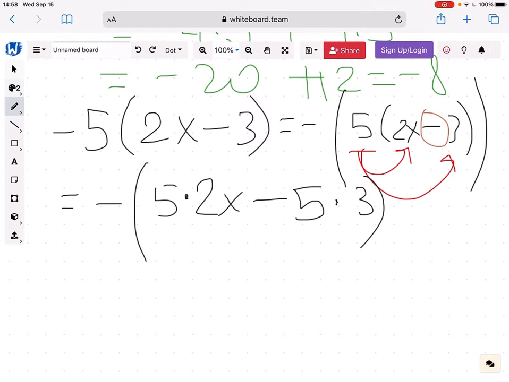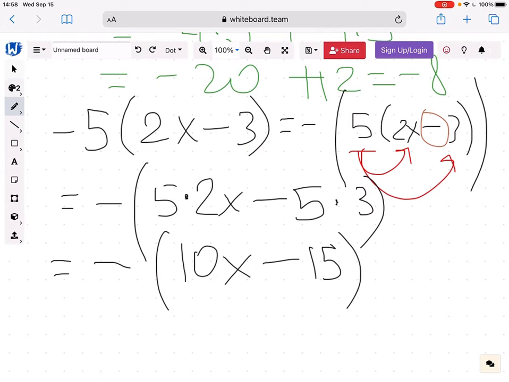All right, let's simplify what we have. We have, again, minus, parenthesis. What we have there: 5 times 2 is 10x, and minus 5 times 3, which is 15.